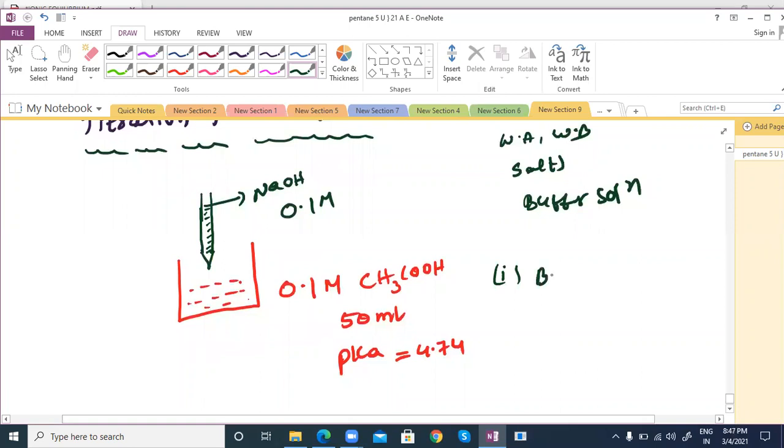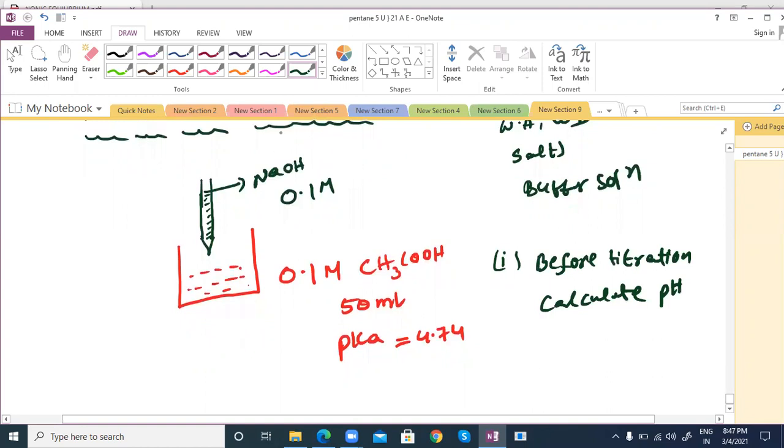Before titration, calculate pH. And second question is, for example, I'm adding here 20 ml of NaOH to the solution, which is acetic acid solution.